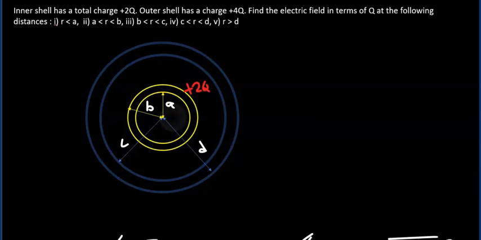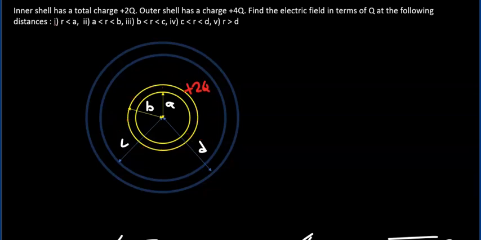Now, the inner surface of the inner shell carries no charge. Also, there should not be any charge within that inner shell, because we are referring to an electrostatic condition, and under an electrostatic condition, charges cannot exist within a conductor.